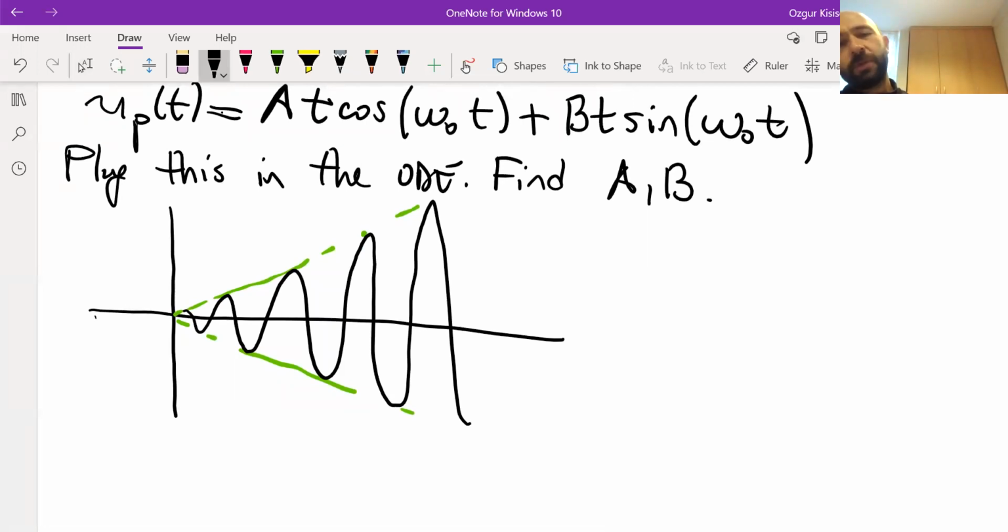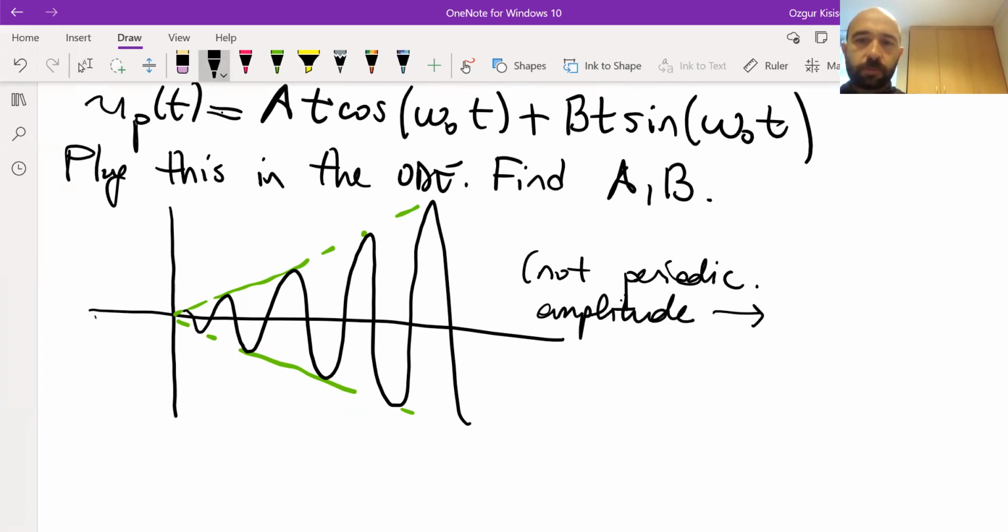Now, we cannot really speak about the amplitude of this wave because it certainly goes to infinity. It's not periodic anymore. And amplitude goes to infinity. So this is the picture that you would see when omega is equal to omega 0. You don't have a periodic wave, but rather you have some linearly growing amplitude, and the solution marches off to infinity. You can think about this as the limiting case of the previous case, where omega goes near omega 0.